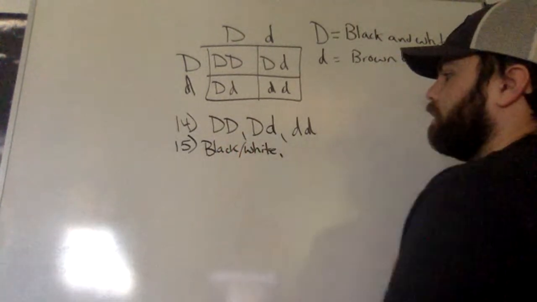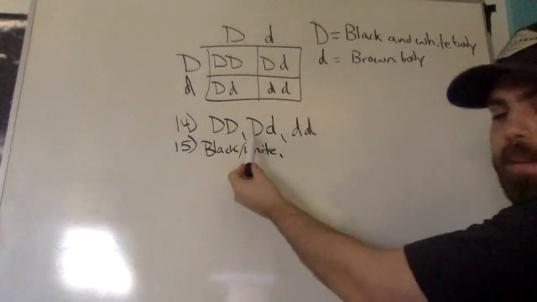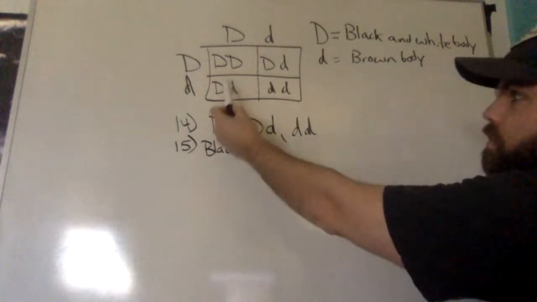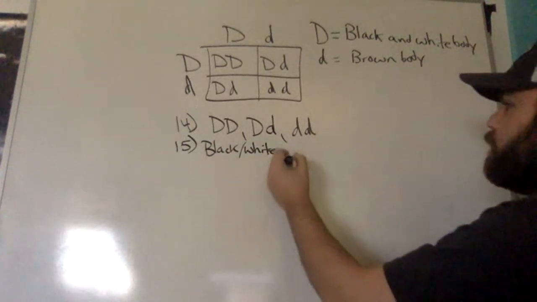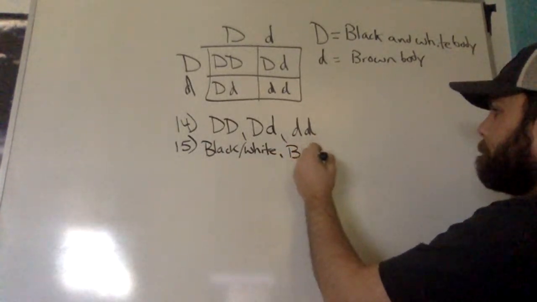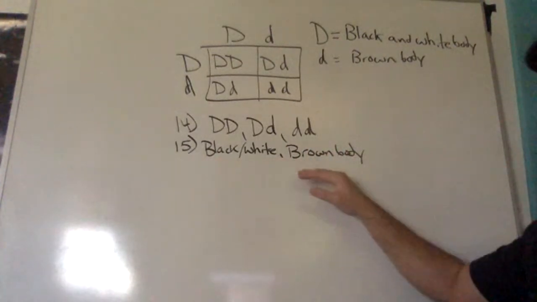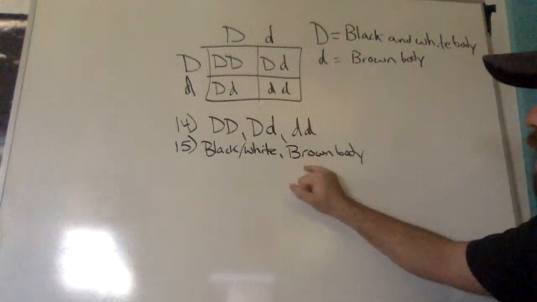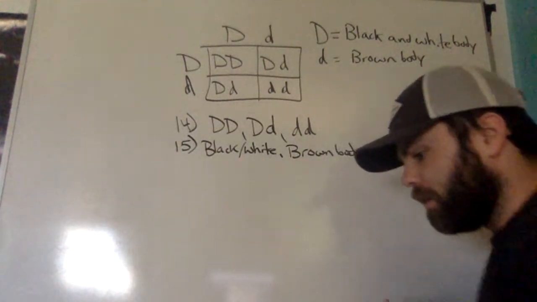Capital D, lowercase d, you still have a dominant letter, so that's still black and white. And the other one, you got 2 lowercase d, so that's going to be your brown body. Those are the only 2 phenotypes you can get. You're either brown or you're a black and white cow.